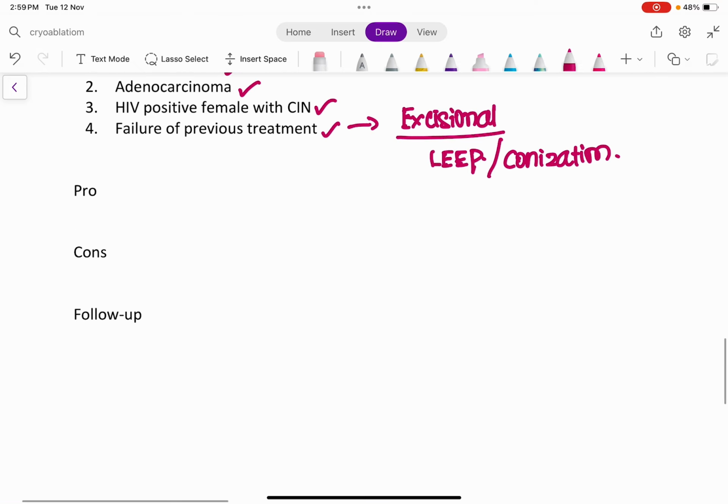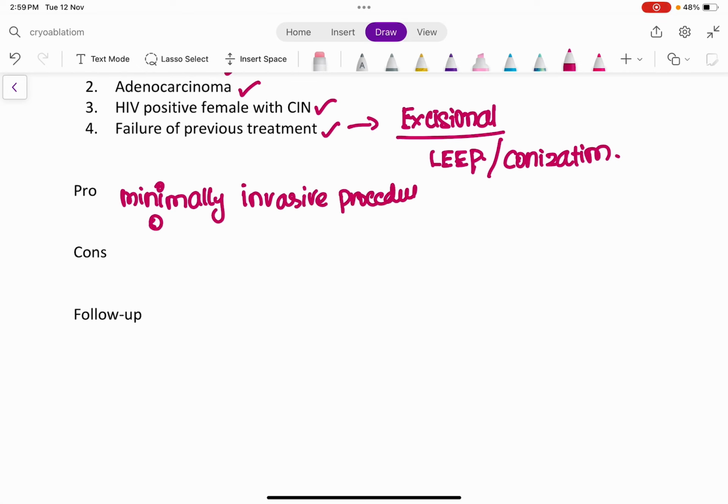Right? Yes. So what are the pros and cons? What are the advantages and the disadvantages of this procedure? The advantage of the procedure is that it is minimally invasive, and it is an OPD procedure.